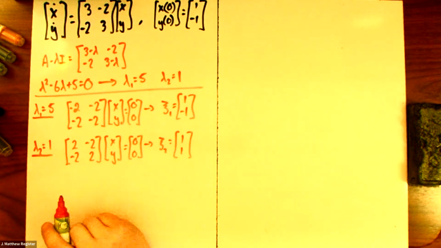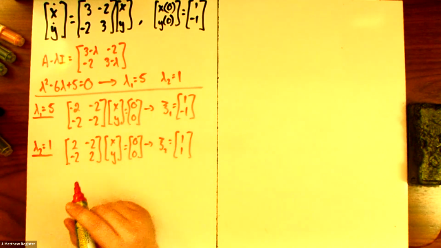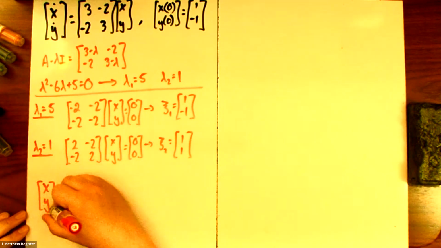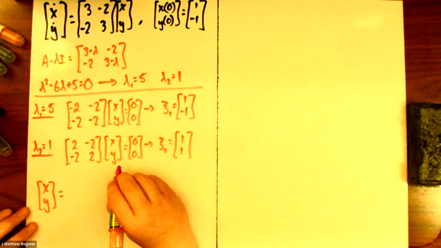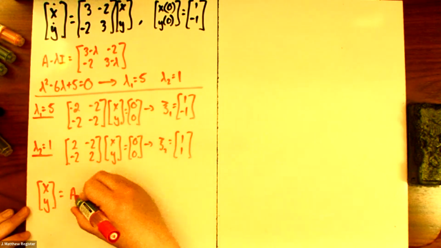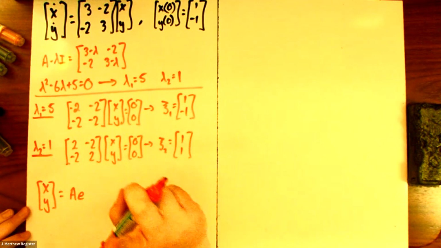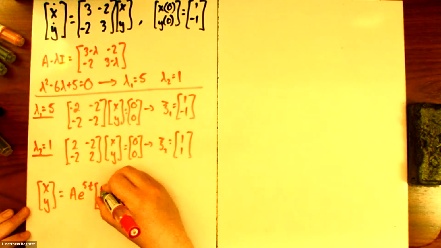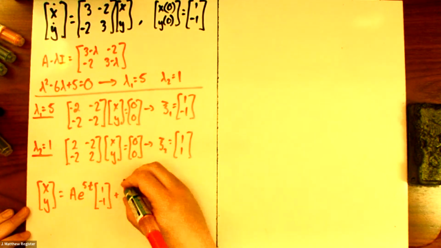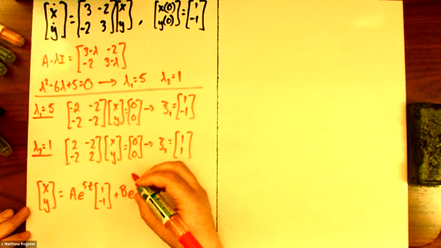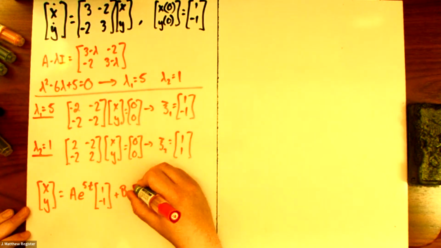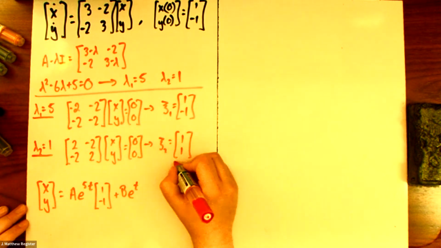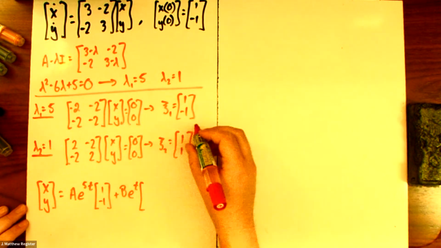We can write out the general solution. And so our general solution in this case is going to be xy is equal to a e to the lambda t, so e to the 5t times 1, -1, plus b e to the lambda t, and so e to the t, times 1, 1.